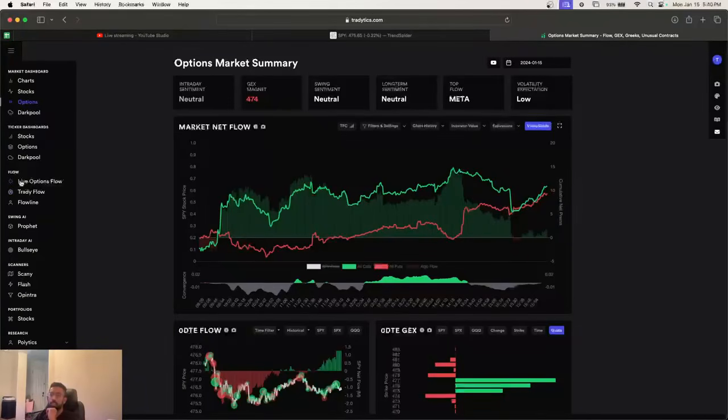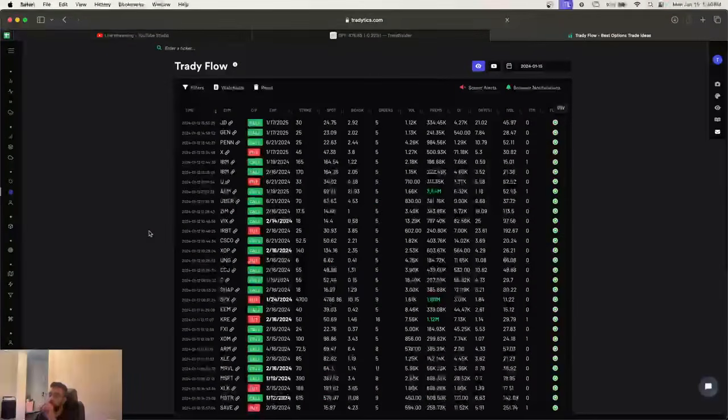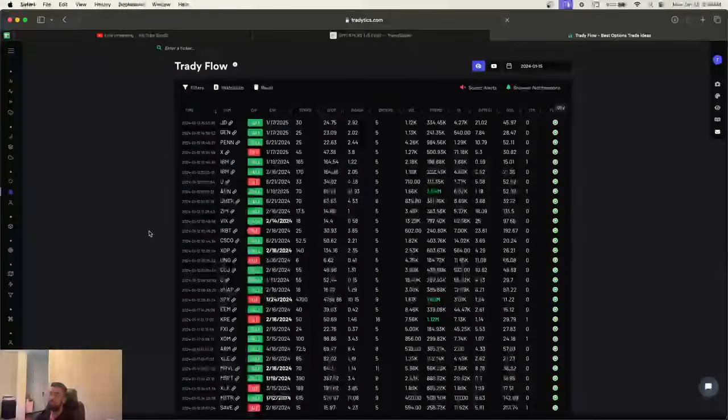Next one, before I talk about the live options flow, I want to talk about this trading flow. This is the only other tool I use to determine if there is a strong conviction buy or a strong conviction sell. This usually comes up with very strong conviction buys or very strong conviction sells.